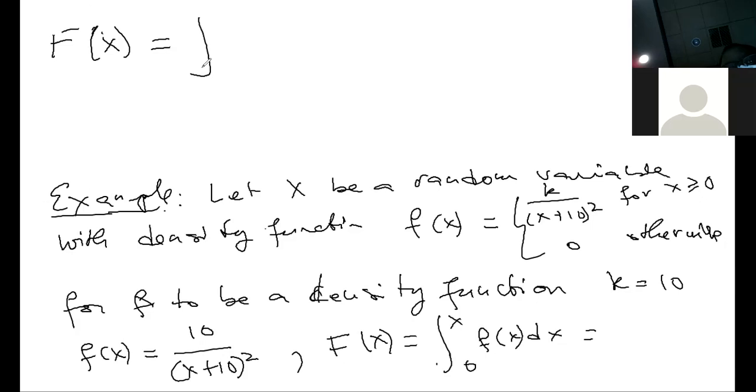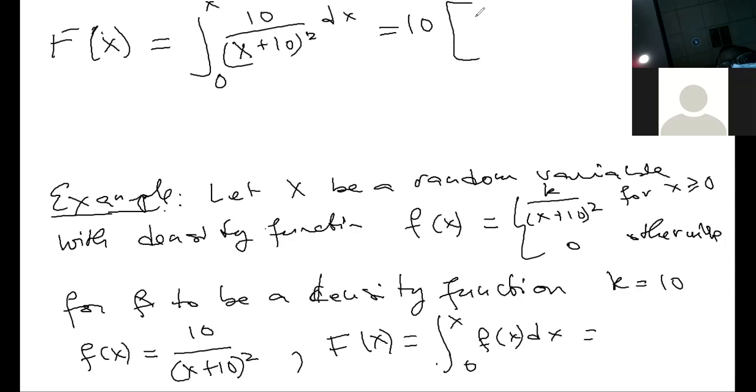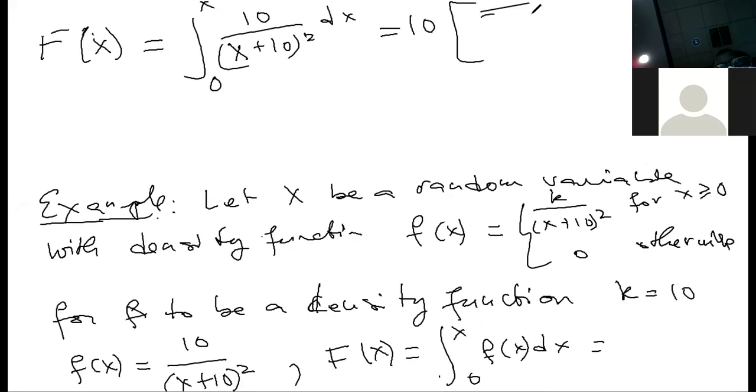Integral from 0 to x of 10 over (t plus 10) squared dt, which is 10 times minus 1 over t plus 10.